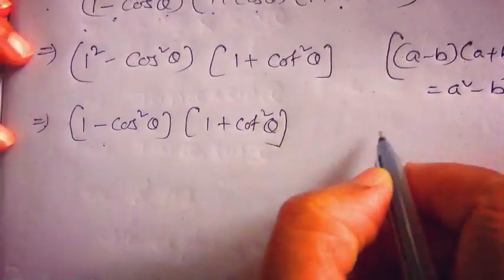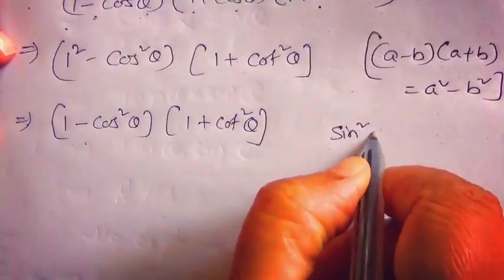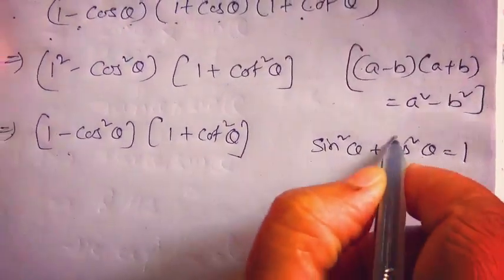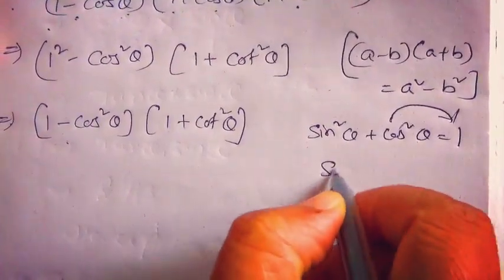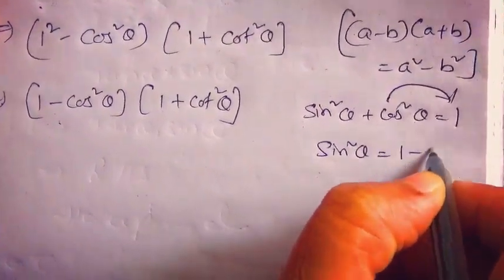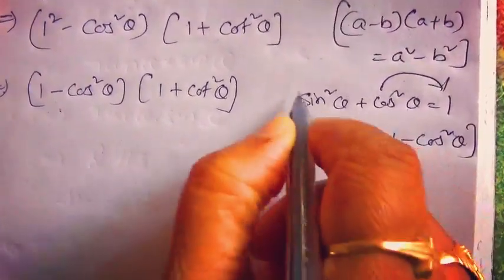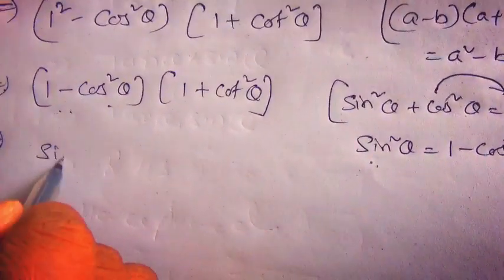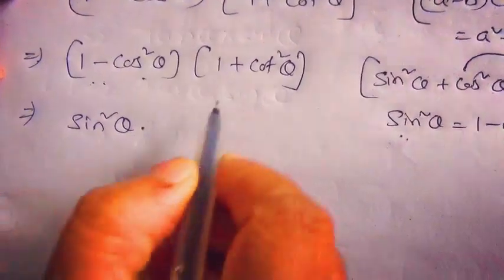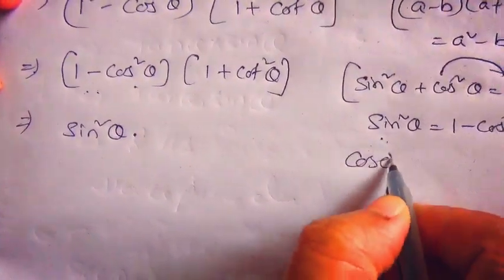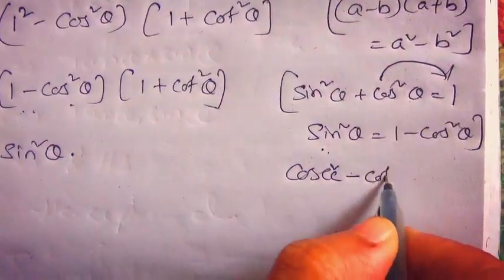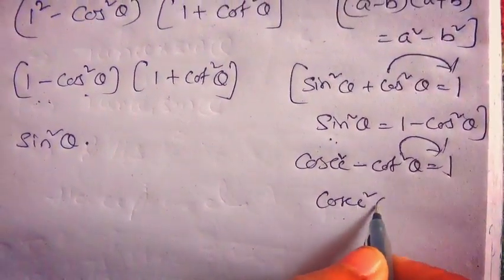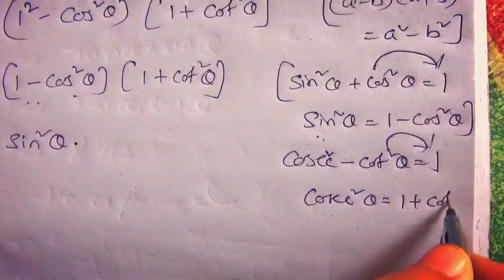Look at here, trigonometric identity: sin square theta plus cos square theta is equal to 1. You just take out this one. So sin square theta is equal to 1 minus cos square theta. So in the place of 1 minus cos square theta, I am writing sin square theta into, since cosecant square theta minus cot square theta is equal to 1, cosecant square theta is equal to 1 plus cot square theta.